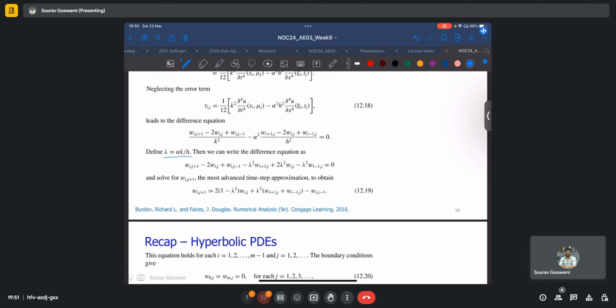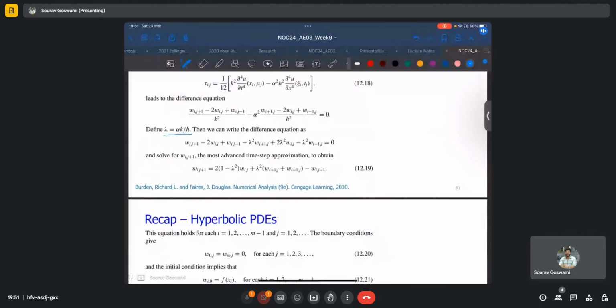The most advanced time step approximation gives wi,j plus 1 equals 2 times 1 minus lambda square wi,j plus lambda square wi plus 1,j plus wi minus 1,j, minus wi,j minus 1. So again, we utilize information from the neighboring mesh points to find information at our point of interest.